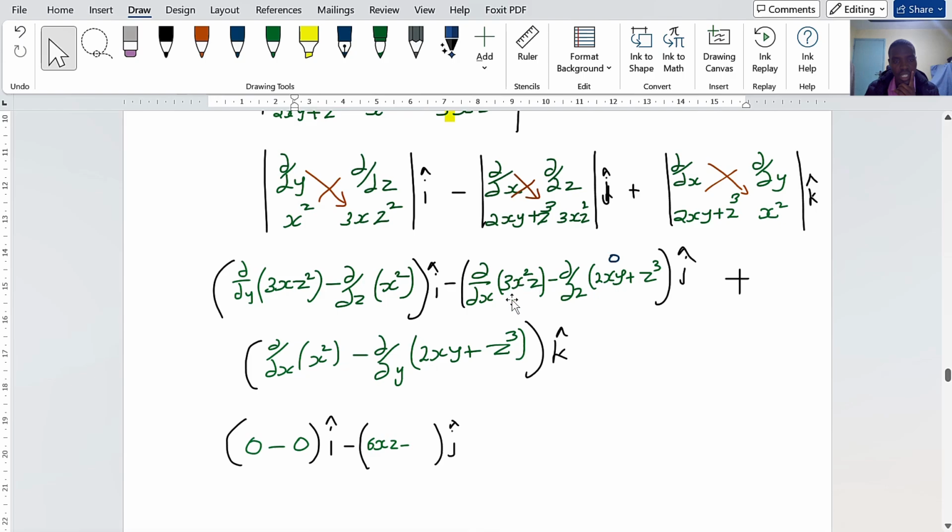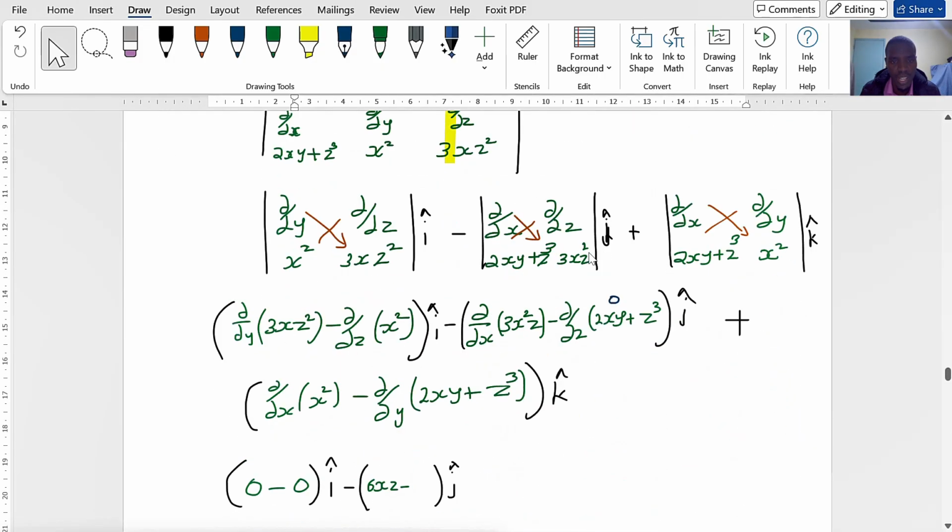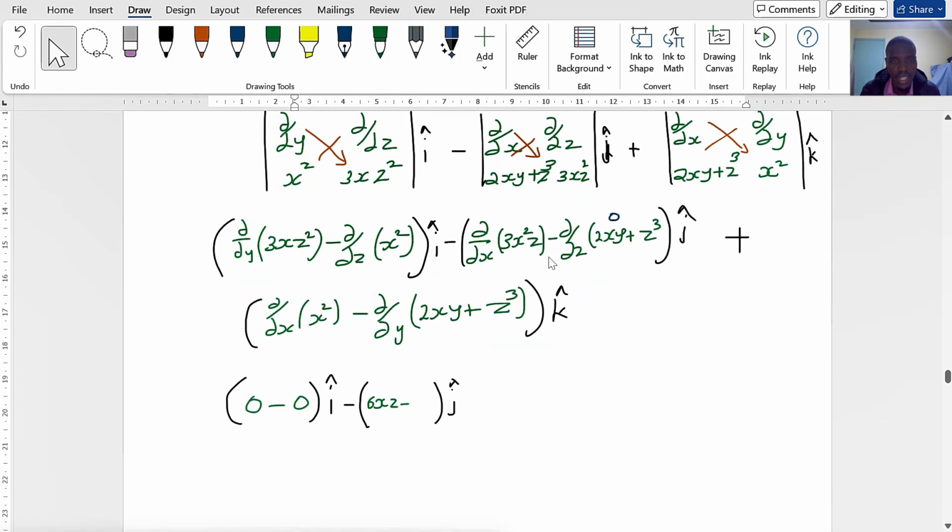Let me check the third: it is 3xz squared. I just see the mistake. 3xz squared and 3xz squared. So this is where the problem is here. So this is squared, x is not.